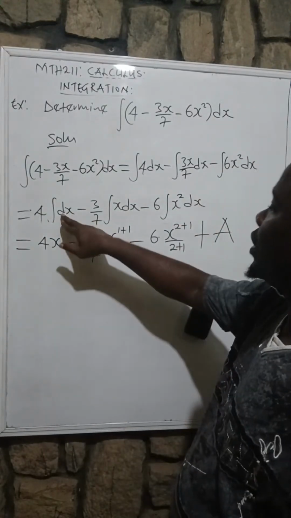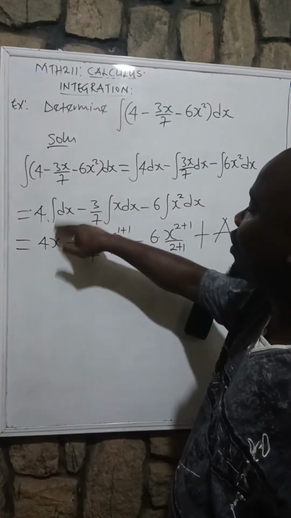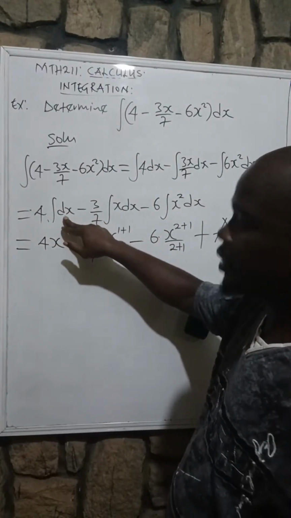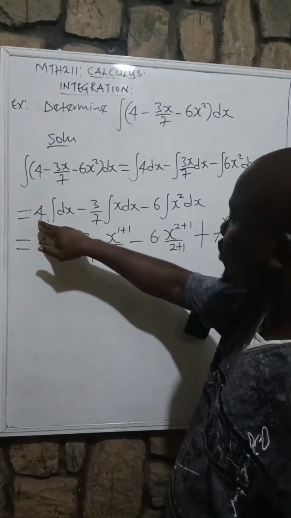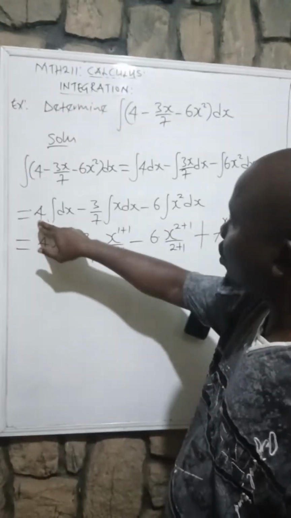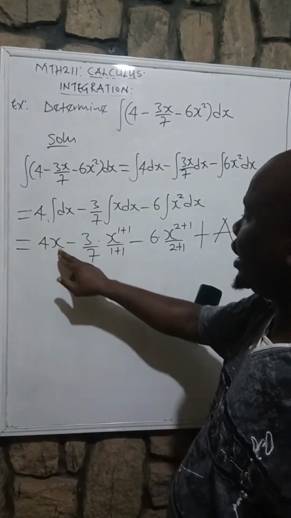So we are just to consider if you integrate dx, you are supposed to have x. So when you have x, what do we have here? 4. So you use 4 to multiply, is it not 4x?